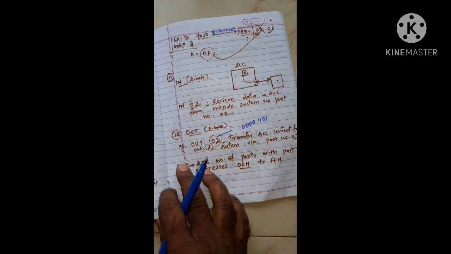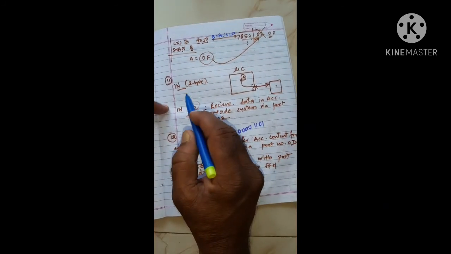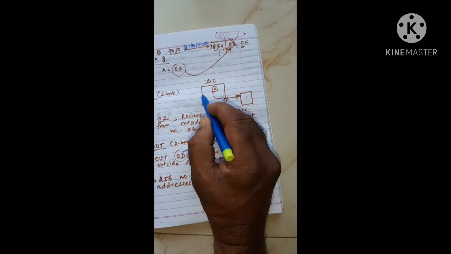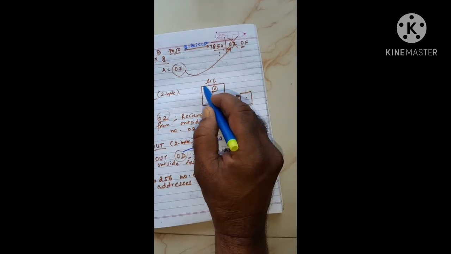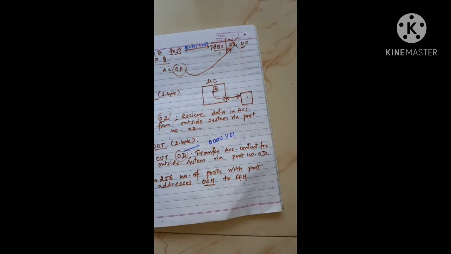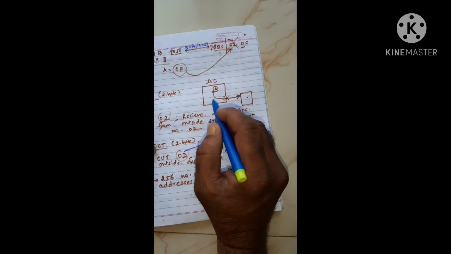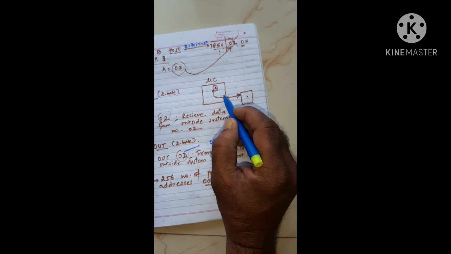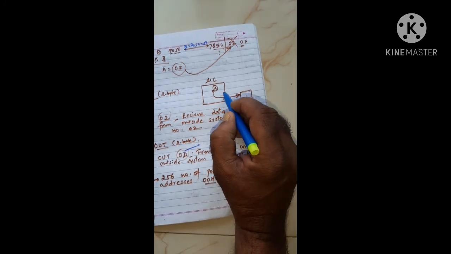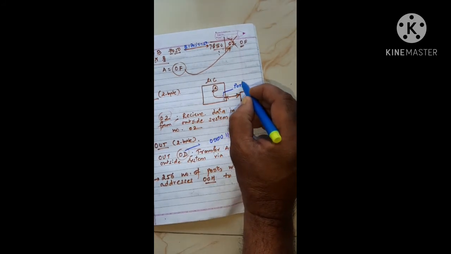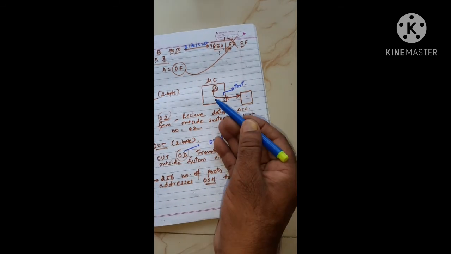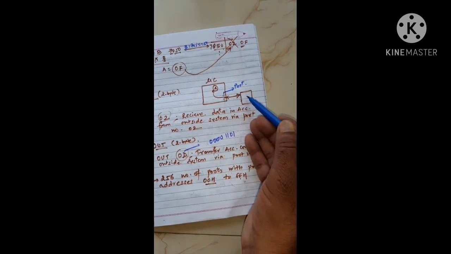Next instruction is IN. First of all, consider this is our microcomputer system, with an 8085 microprocessor which contains the accumulator as one of the 8-bit registers, and these are the ports. A port is a part of the microcomputer to take data into the system and to send data out of the system.